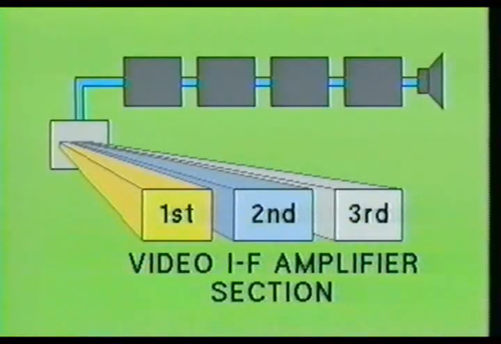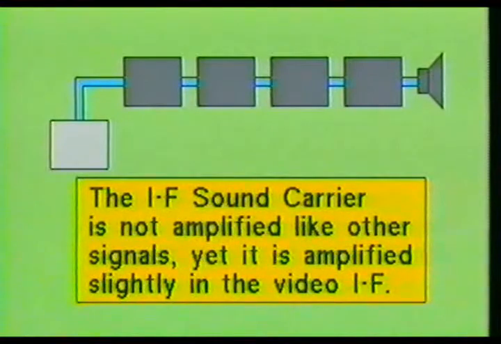Up until now, we have followed the intermediate sound carrier through the first, second, and third video IF amplifier stages. With the majority of color television receivers, the video IF amplifier stages do not amplify the intermediate sound carrier to the extent of other signals present, yet the intermediate sound carrier is amplified to a certain degree.